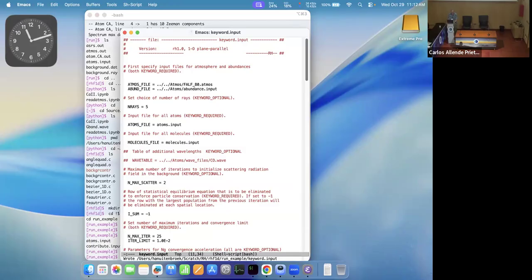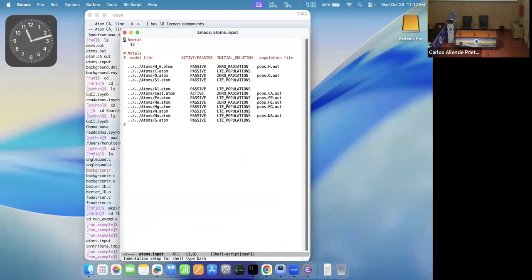And then if I want to edit the atoms file, for instance, if I also want to add non-LTE iterations of hydrogen in this case, because I only had calcium II, and I want to add sodium as well.